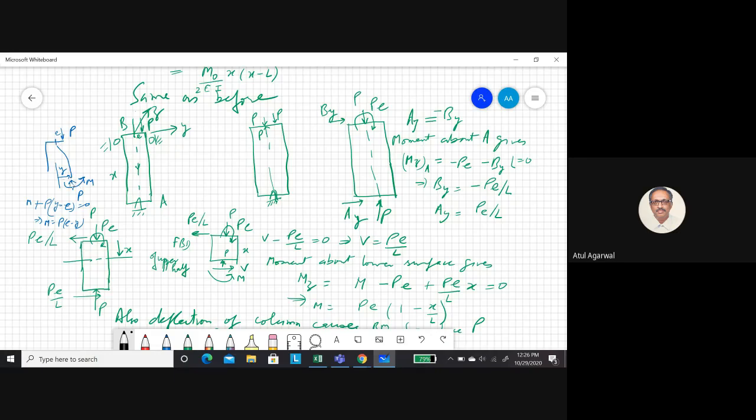There will be a vertical force here balancing this P, and a moment balancing the moments. So if you do moment equilibrium about this point, M plus P into y, and this distance is y from the center.